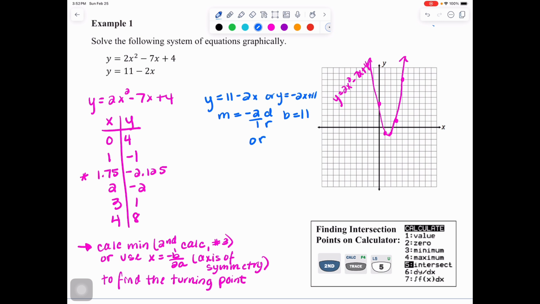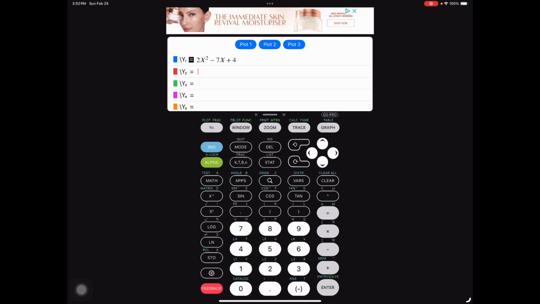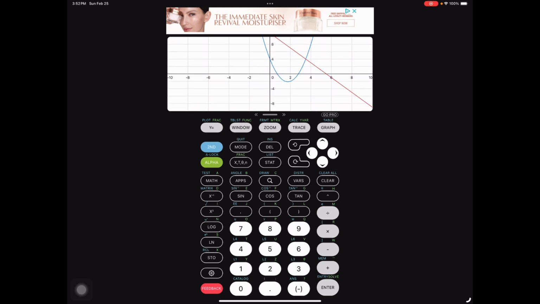Or you can always make a table of values from the graphing calculator. So I do want to do that because we will need this information in just a minute. So let's go to our graphing calculator. I'm going to go to the y equals screen. I'm going to type in my second equation, which is 11 minus 2x, and hit enter. When I hit zoom 6, I'll now see both of them on the graph.